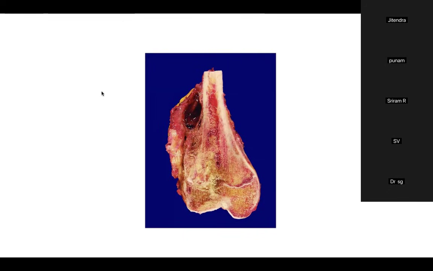Now, can you tell me why we give neoadjuvant chemotherapy? What's the advantage of doing that? The advantage of giving neoadjuvant chemotherapy is that it will cause calcification. There will be a rim of calcification around the tumor, so the surgery will become easy. And second, we buy time for the making of the prosthesis.